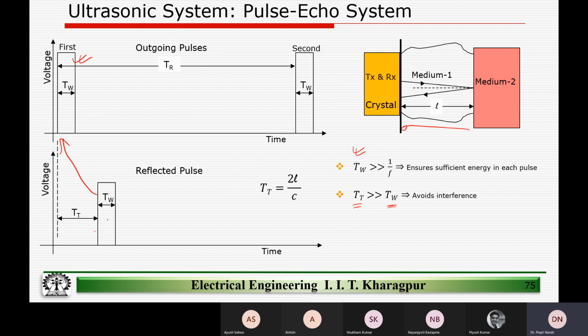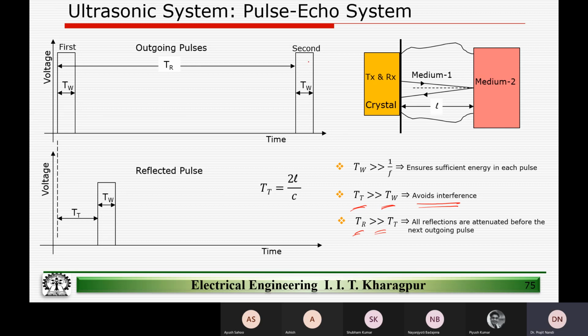So TT must be greater than TW to ensure there is no interference between the generated pulse and the reflected pulse. And also TR must be much greater than TT.